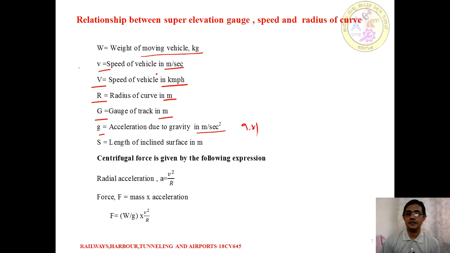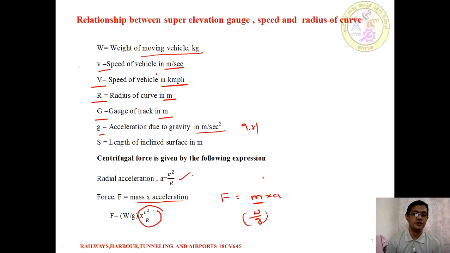According to the fundamentals, force is nothing but mass into acceleration, or otherwise F is m into a. Mass is going to be weight by gravity, so that is W by g here. The acceleration, as we are measuring, is going to be a radial one, v square by r.